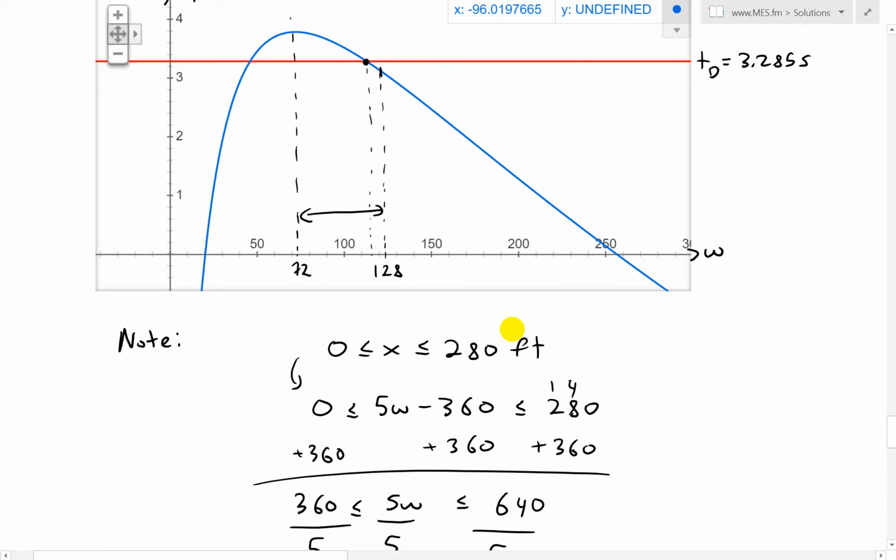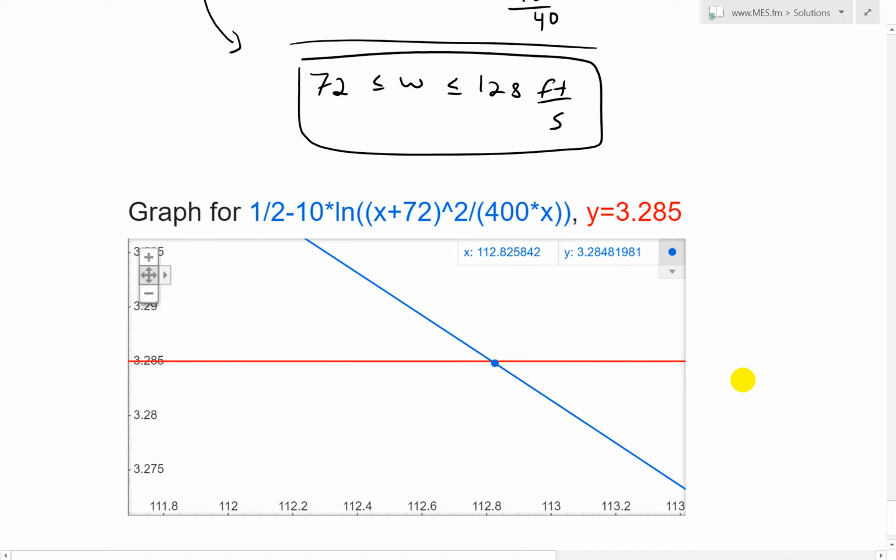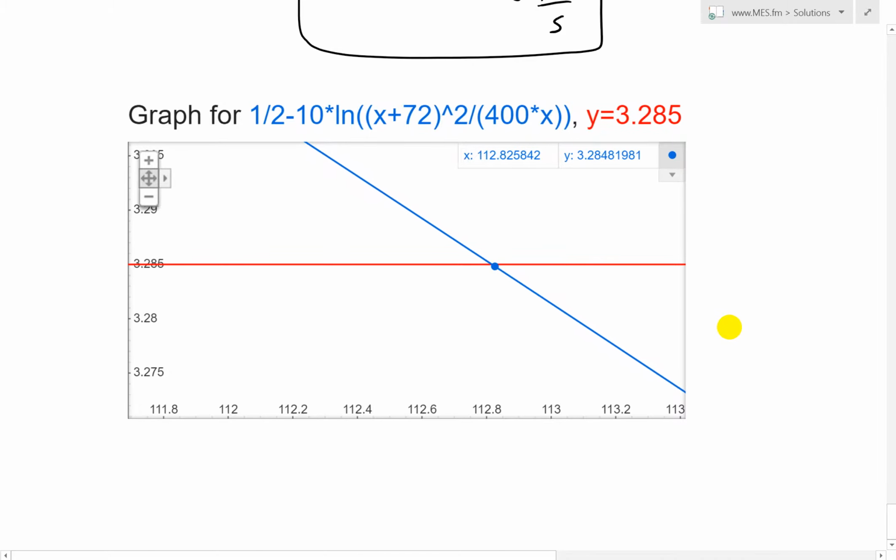So what I did is I zoomed in. So here is that same graph. I just went and zoomed in all the way. So we have 3.285 all the way to here, and it's about 112.8, and then if you look at it on this side, 112.81-ish, and here I've copied and pasted that right here, and as you can see, it's about that point, about 112.82 or 81-ish.